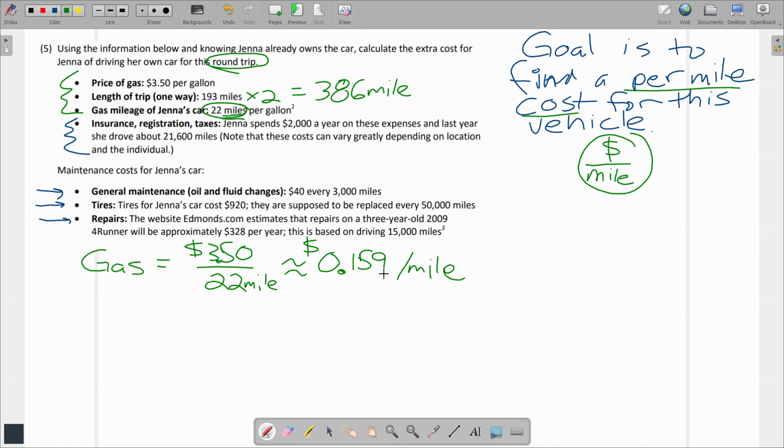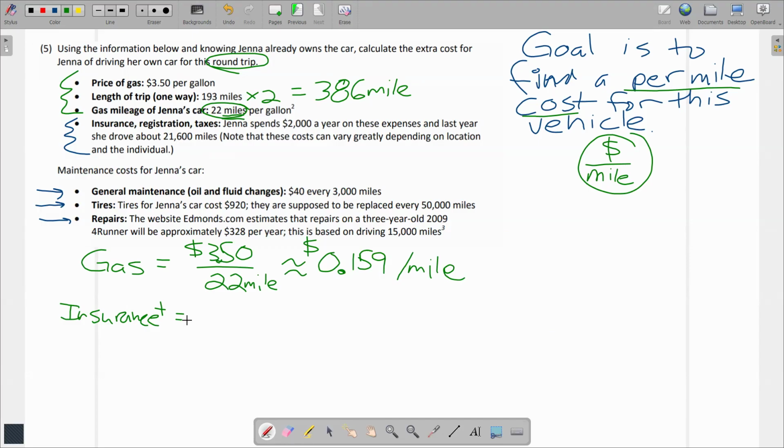If you didn't already. Next, we're going to do the insurance, registration, and taxes. So I'm just going to call it insurance plus. Okay, do we have a dollar amount in that paragraph? 2,000 a year.